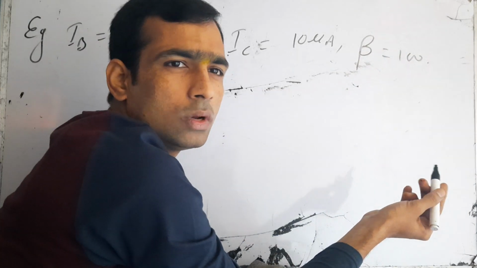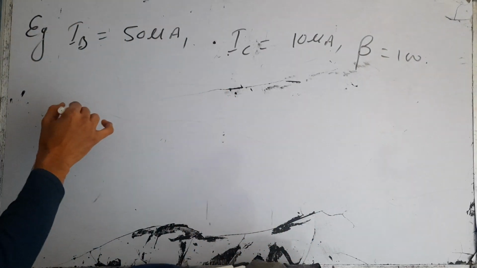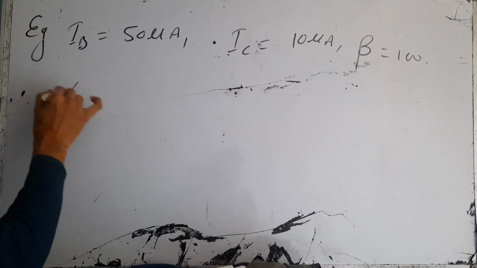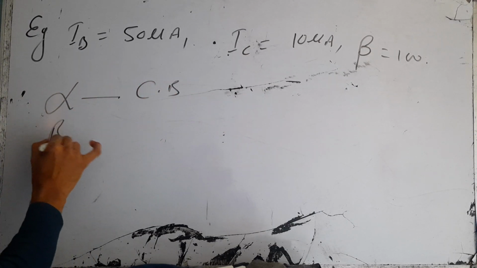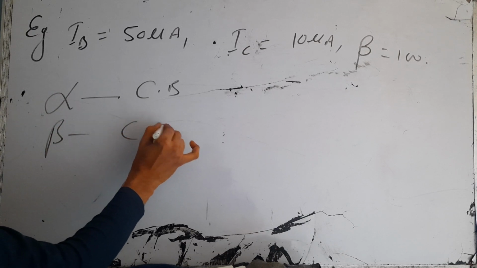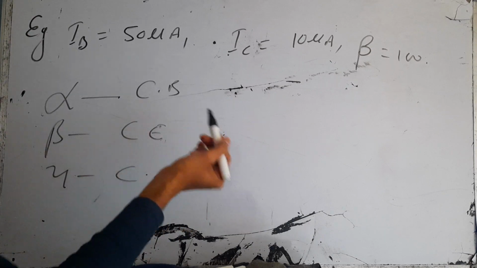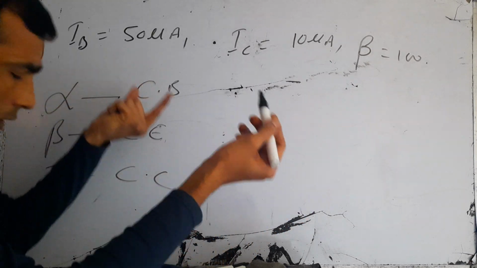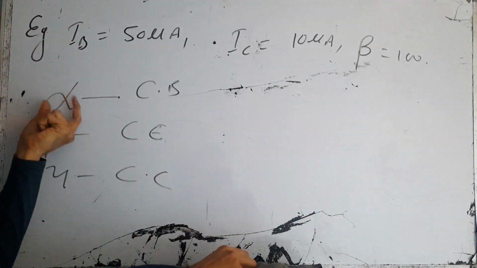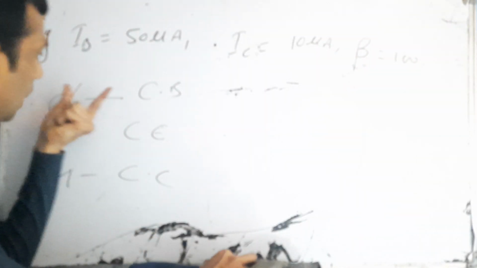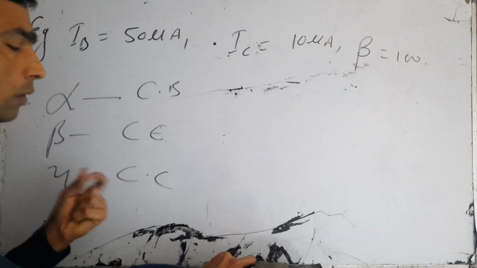Just a reminder: alpha is the current gain used for common base, beta is for common emitter, and gamma is for common collector.